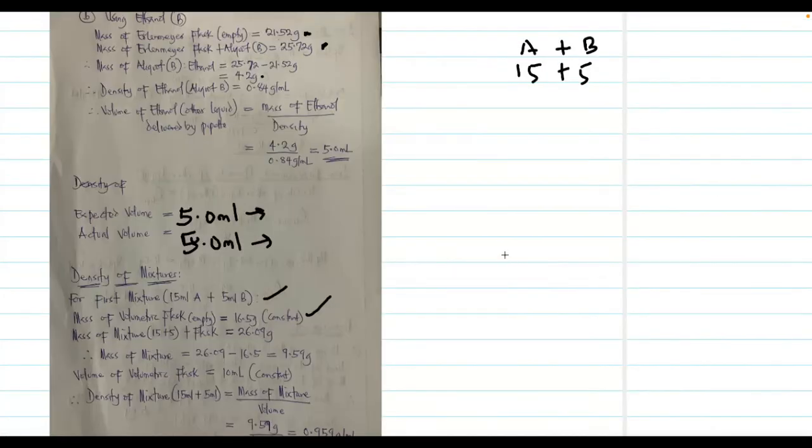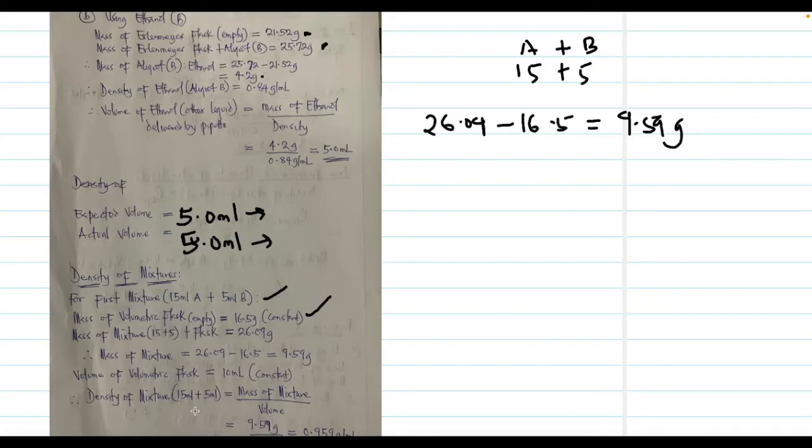So the mass of the mixture with the flask is 26.09, and the mass of the flask when it is empty is 16.5. To get the mass of the mixture, we say 26.09 minus 16.5, which equals 9.59.